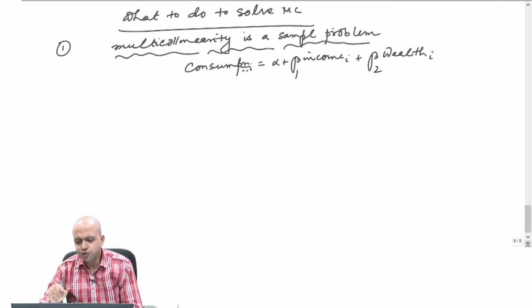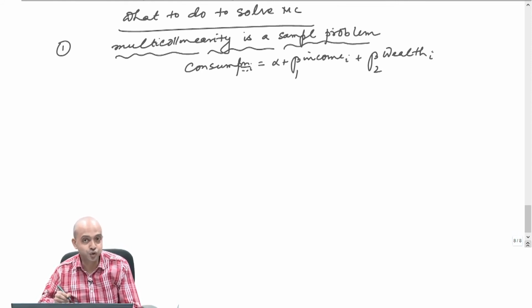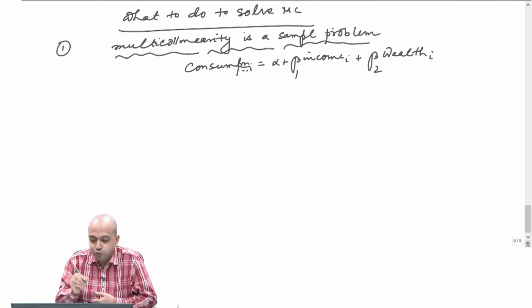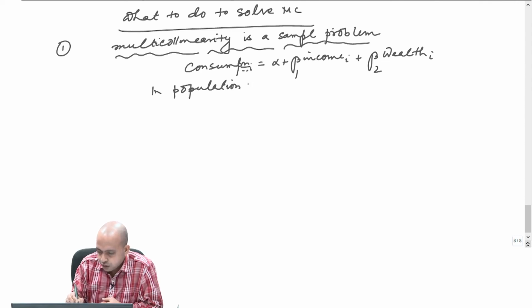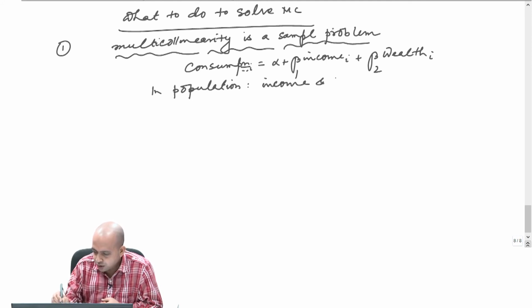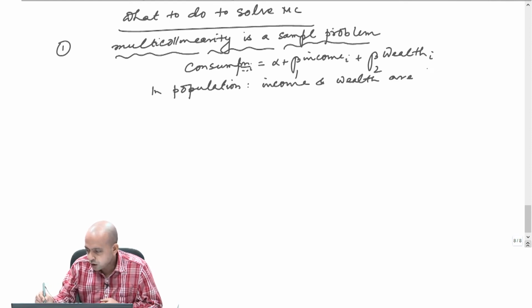So, when I include both income and wealth in my model to estimate the consumption function, what do we assume? We assume that in the population, income and wealth are actually not correlated.